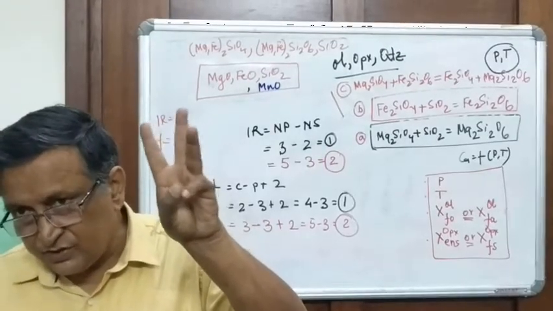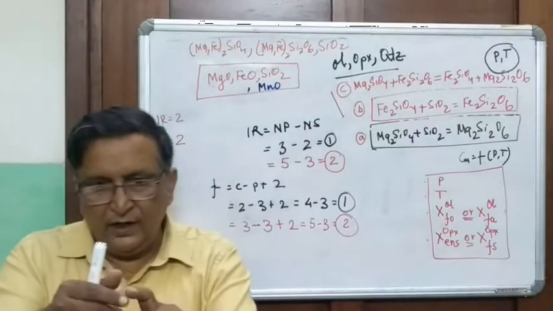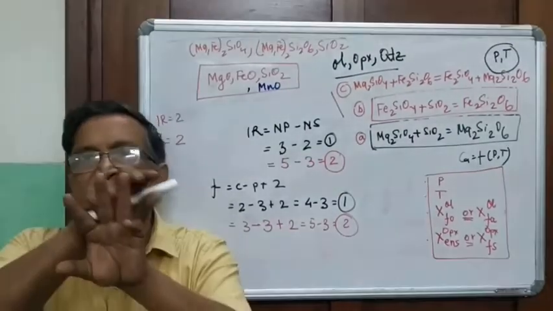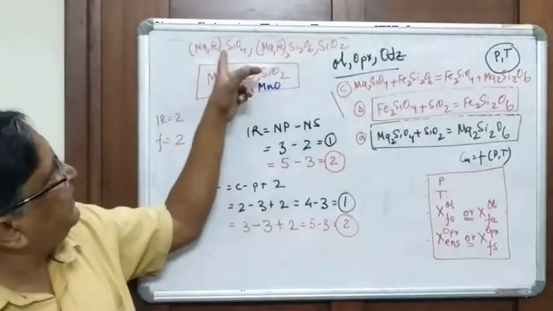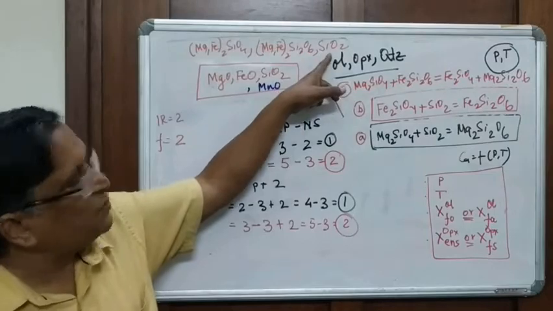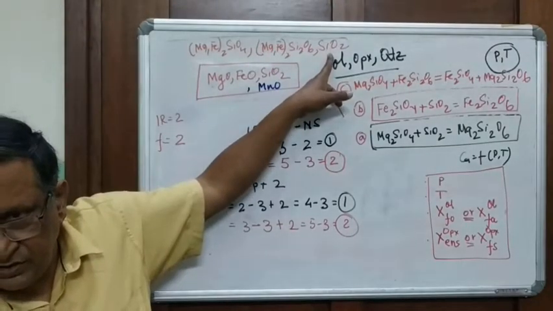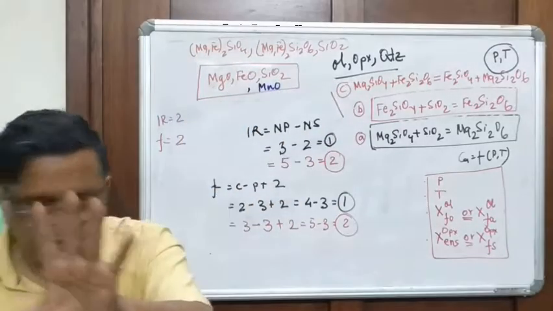Three phase components for olivine. Similarly for orthopyroxene: Mg2Si2O6, Fe2Si2O6, Mn2Si2O6. Three phase components. 3 plus 3 plus 1, 7 phase components.